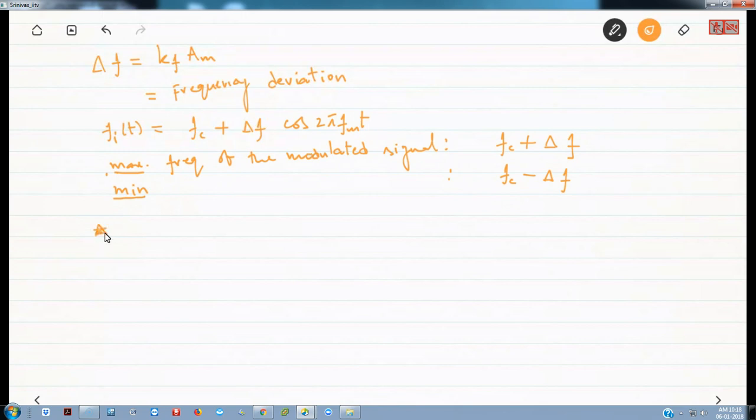Note that the frequency deviation delta f is proportional to A_m, right? Because delta f is k_f into A_m. So what is A_m?